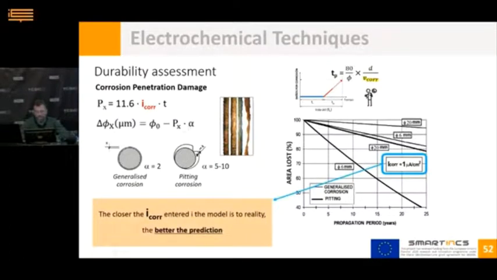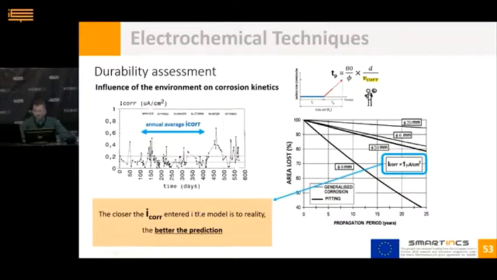In this way, it is possible to make a future prediction of what the penetration damage will be at a given time, if we know the rate at which the process will take place. Therefore, the closer to reality the corrosion rate value entered in the model, the better the prediction.